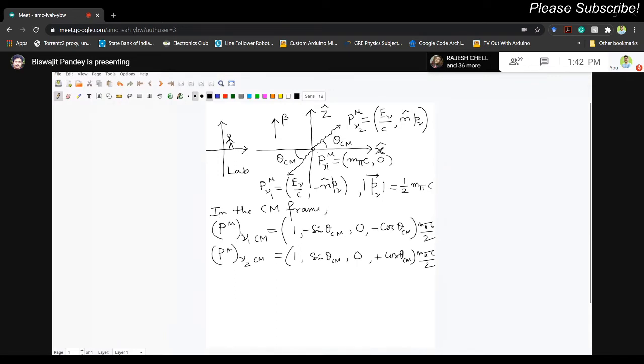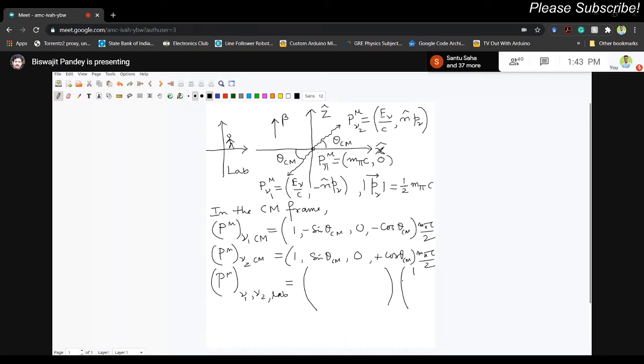So here, in this example, we have to calculate the 4 momentum in the lab frame. How do I calculate that? Let me write it down. If I want to calculate p mu of the two photons, you can calculate them separately, but I'm not doing that. Again, nu1 nu2 comma lab, this will be some Lorentz transformation that you have to write down here. And then you have these components. What are those components?